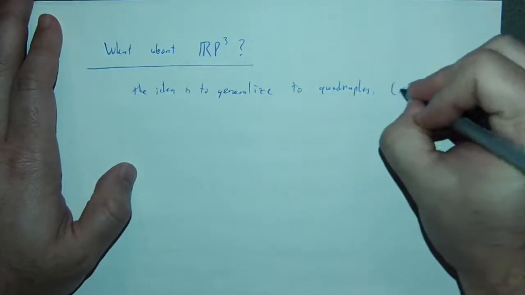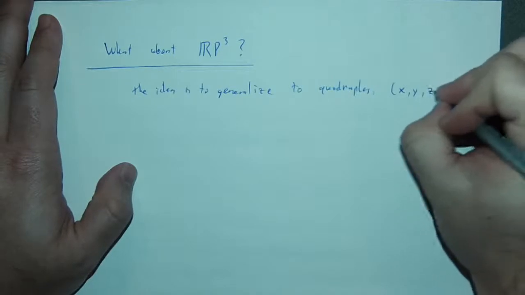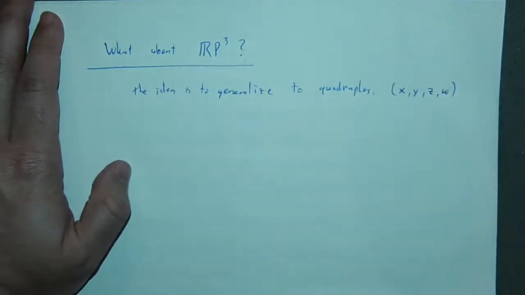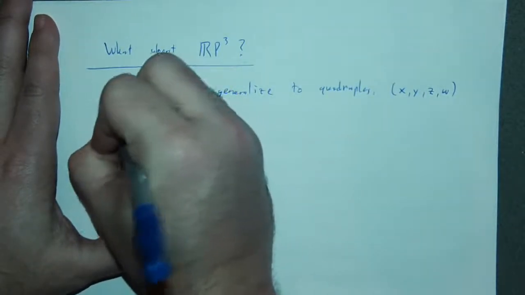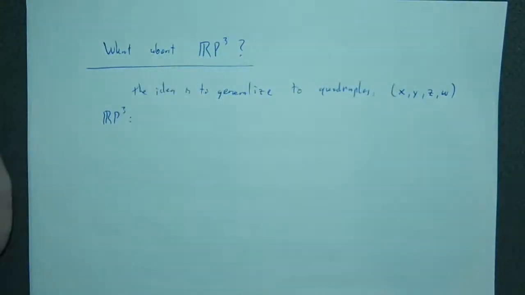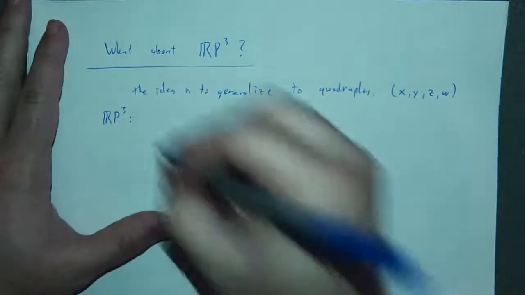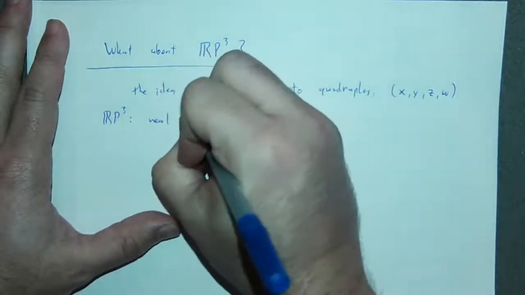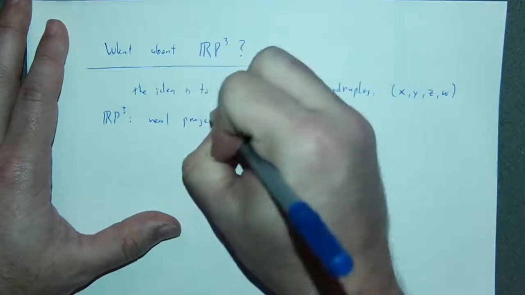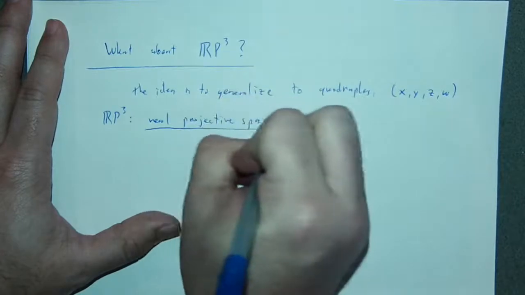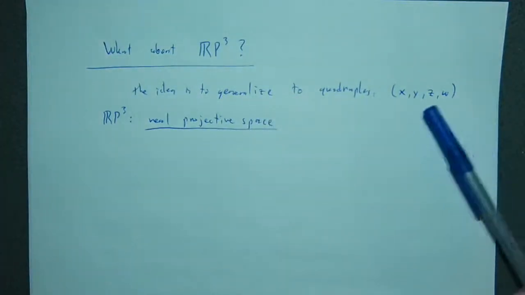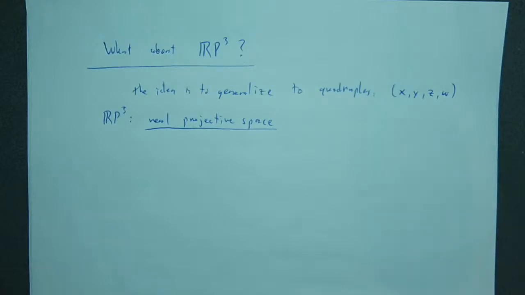So I would have quadruples x, y, z, w, and thus define RP3 similarly as a real projective space, in the following way. Algebraically, I could say this is the collection of homogeneous quadruples here.